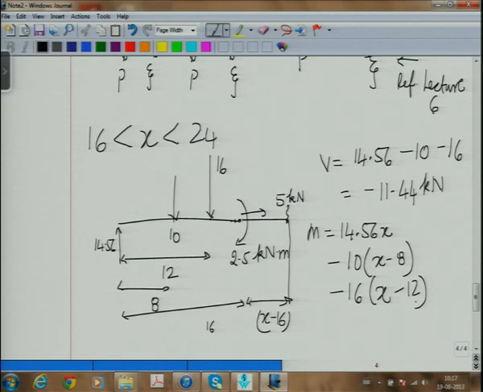Now there is a moment of 2.5 kilonewton meters. This is clockwise, so that means a clockwise moment will act on all sections to its right. So in addition to this we will have to put plus 2.5.